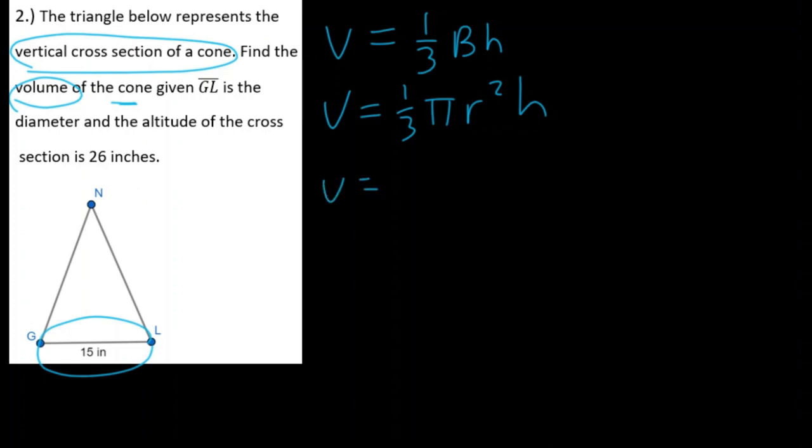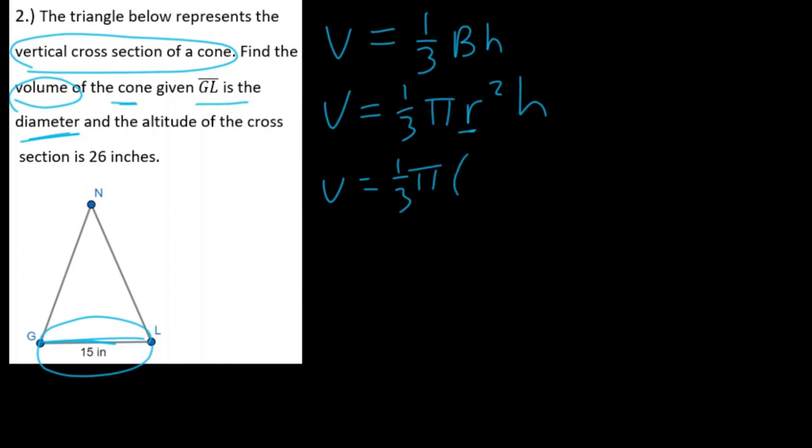Now, the volume will equal 1/3 pi, and given GL is the diameter, so we look here, GL is the diameter, but we need the radius. What is the radius compared to the diameter? Well, it's going to be half. So what is half of 15?